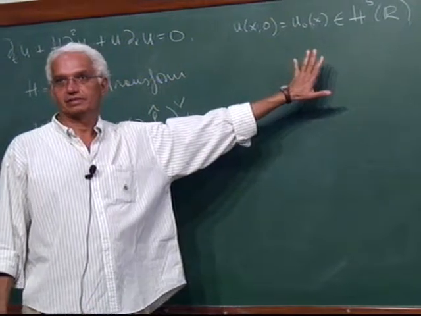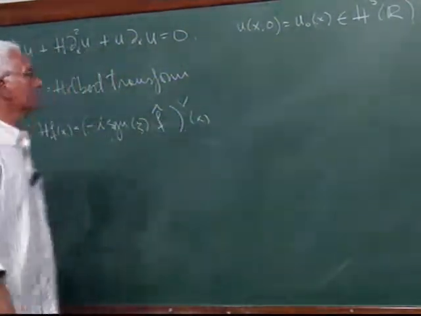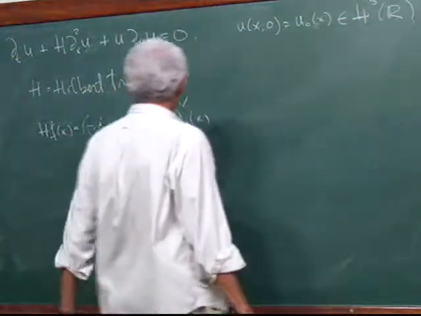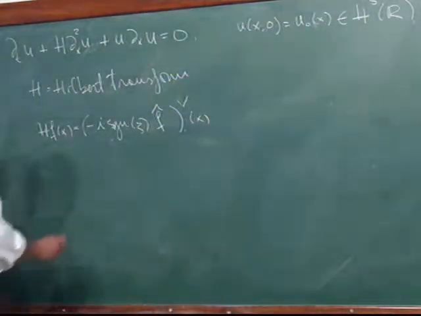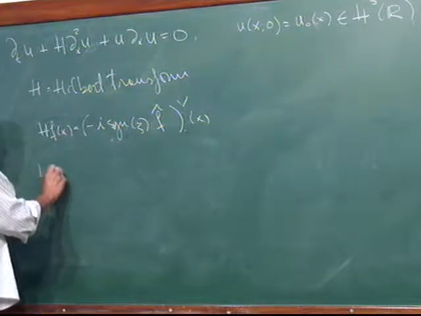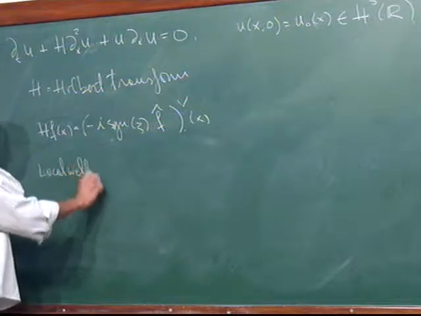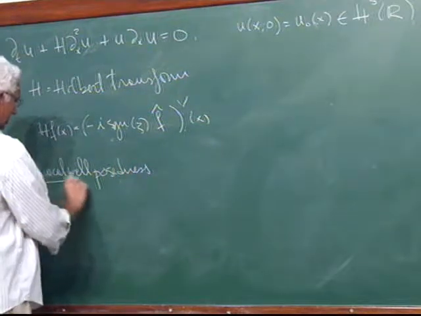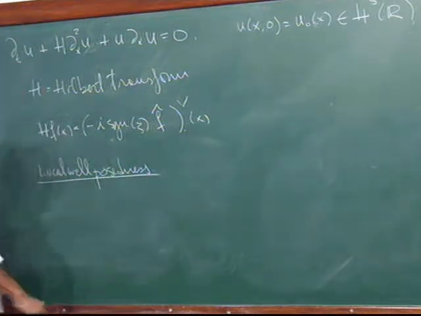Yeah? Okay. Then the question is, how low can you go and have local well-posedness? Okay, let's see local well-posedness, and then we will compare with global and so forth.